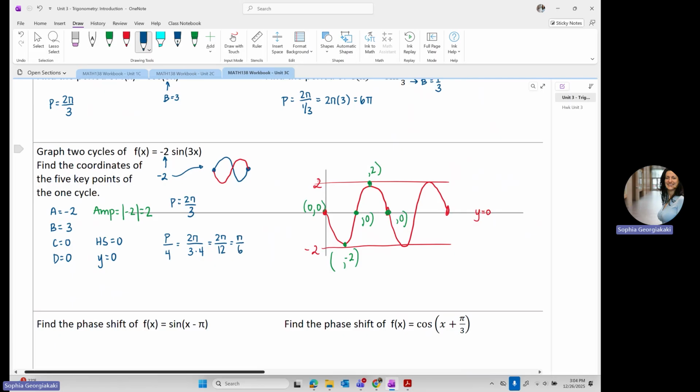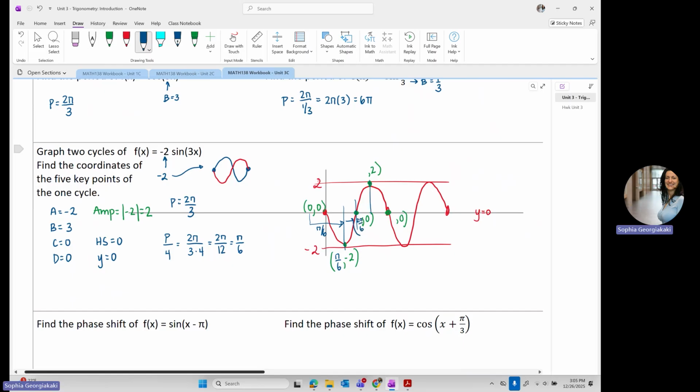So every increment will be pi 6. From this x value to the next x value, the increment will be pi 6. So 0 plus pi 6. From this x value to this x value, the increment will be another pi 6. So that will be 2 pi 6.